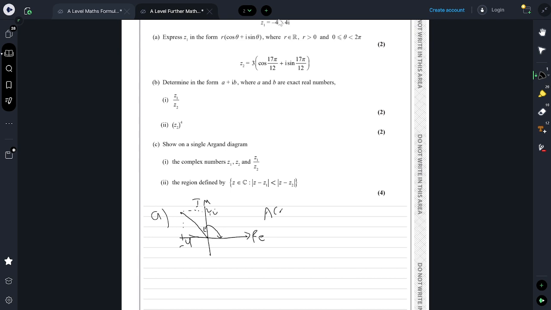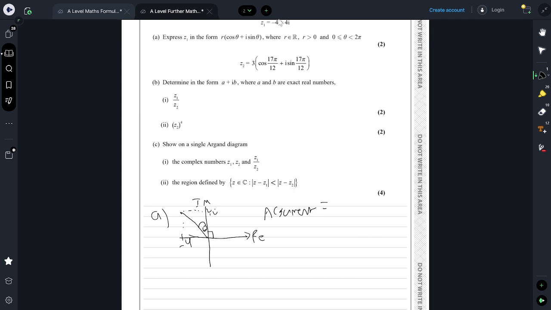So the argument then, if we call this little bit theta between the imaginary axis and here, the argument is going to be first pi over 2, 90 degrees, because we measure every argument of a complex number from the real positive axis.